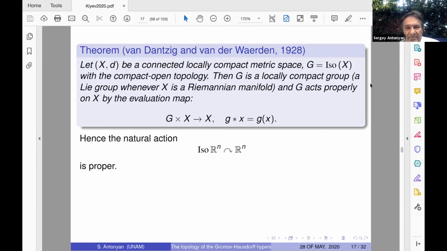In the case of manifolds, this is a Lie group. And the natural action given by evaluation is a proper action. So here we have a particular case. The properness of this action we can prove without making a reference to Van Danzig and van der Waerden, but it is interesting to mention this result.